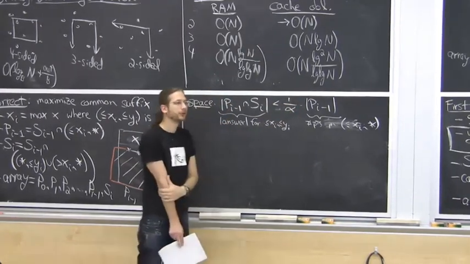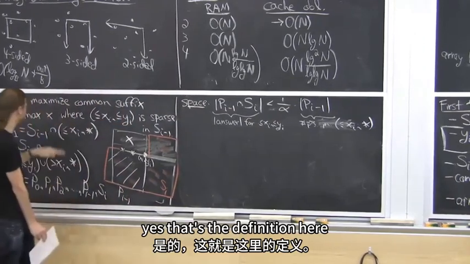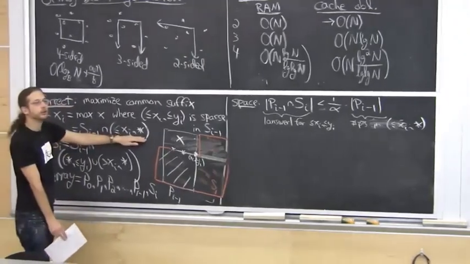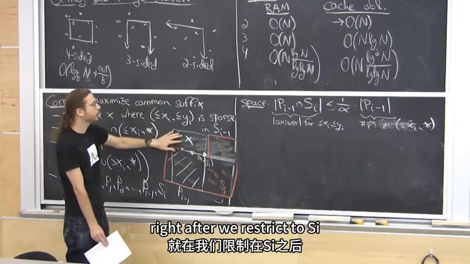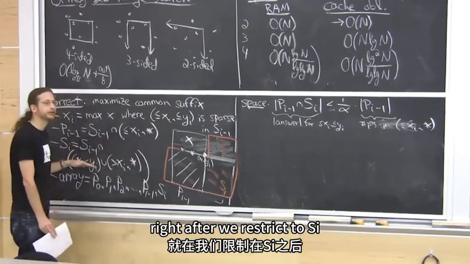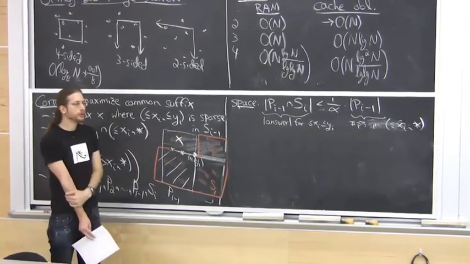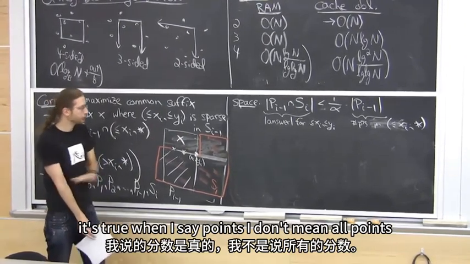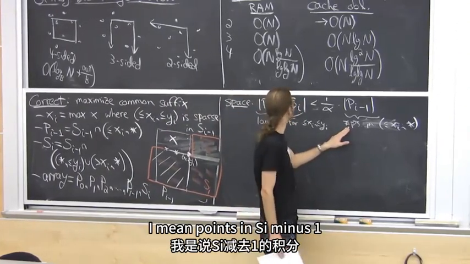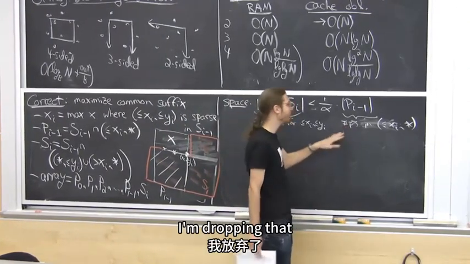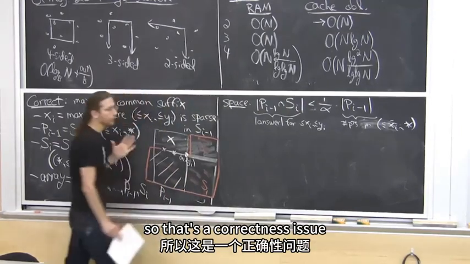Question: for P_{i-1}, you have that it's the number of points less than x_i star, but you don't have that block in the top left corner, right? Right. After we restrict to S_i, we've thrown away all of these points. So the next P is not necessarily going to be the points less than or equal to x_i. It's true. When I say points, I don't mean all points. I mean points in S_{i-1}. In fact, I'm dropping that because it gets awkward to keep talking about. That's a correctness issue, essentially.